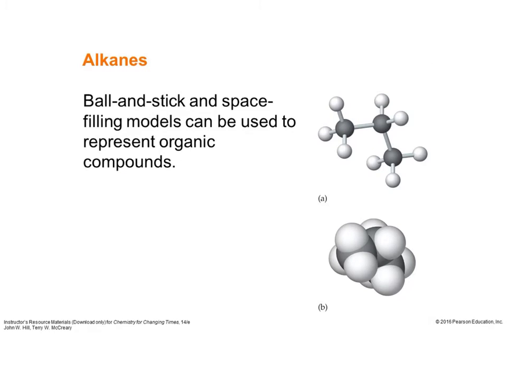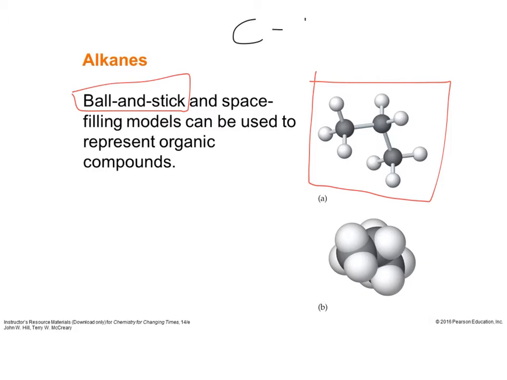Really, we've already looked at ball and stick models, but let's just review them real quickly again. In a ball and stick model, you use circles to represent atoms and sticks to represent bonds. So when we say we have a ball and stick model, this is what it would look like. By convention, carbon is black, and I can't write white on white here.